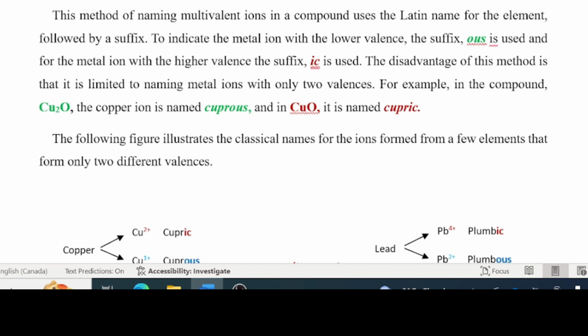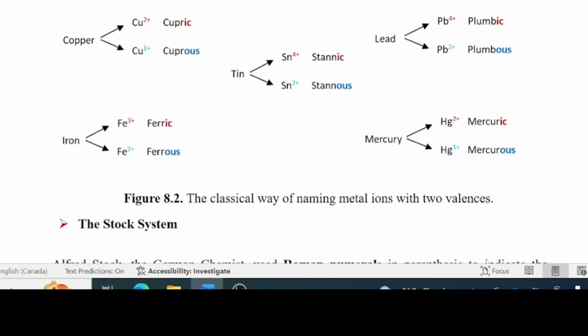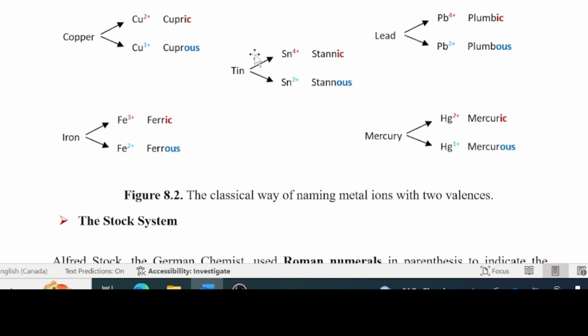And here you're seeing some of these elements that have multiple valencies, and these are the only ones that have two different valencies. So copper, for example, has valencies 1 and 2, so the higher valency always ends in "ik," so you call that cupric, and this will be cuprous.